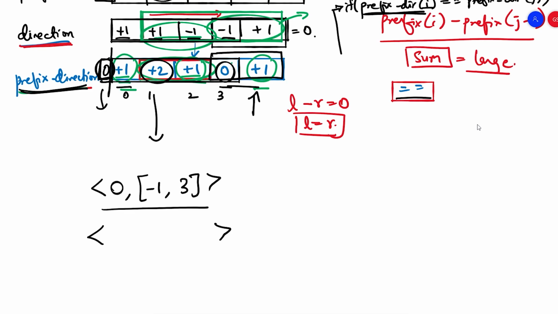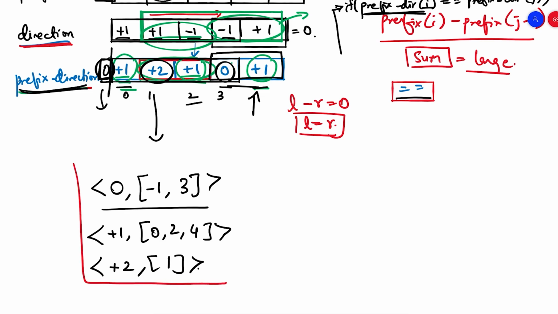Now take +1. +1 has positions of 0, 2, and this number, which is 4, right? Finally, we also have another one, +2, which has a single position of 1. So what can we infer from here?